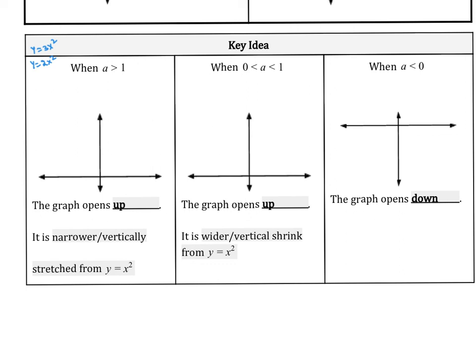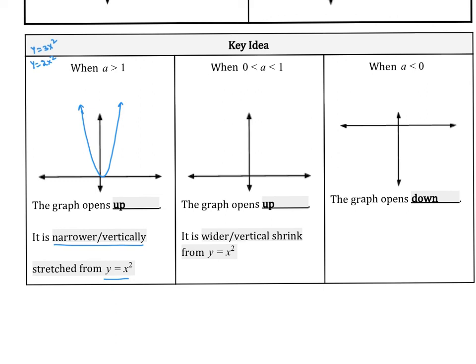For this type of graph, the graph is going to be narrower. So it's going to look something like this, a tall and narrow graph. It is a stretched graph from the original graph.